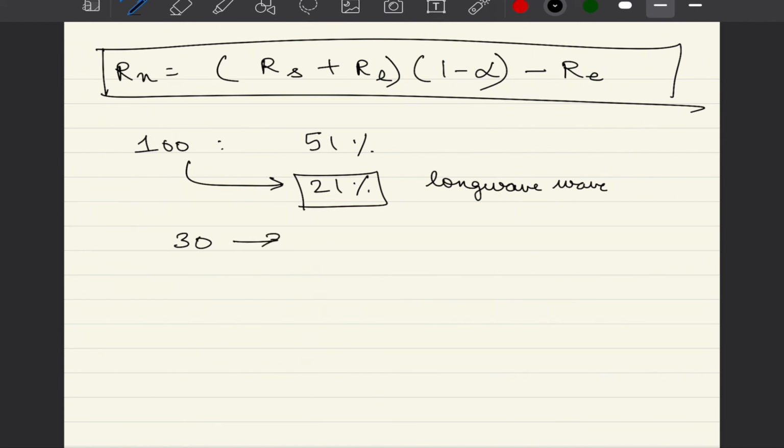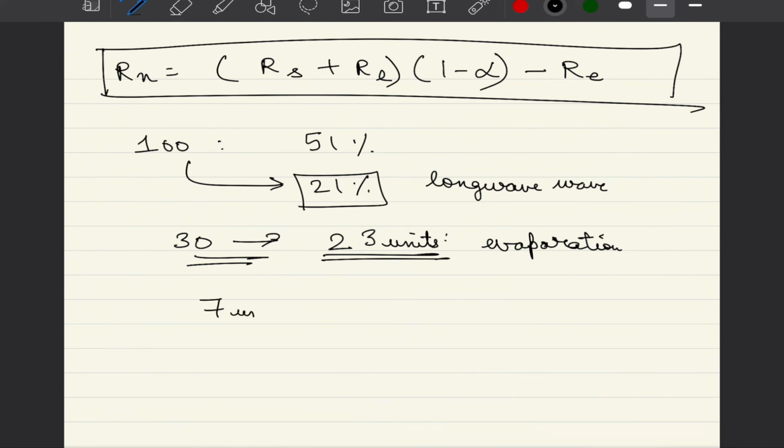Out of these 30 units, 23 units are used to power evaporation. We know that cloud formation is a result of evaporation and many other processes, but the key driver is the sun's radiation, and a large portion of what we receive is used to change the phase of water, and only 7 units are used to increase the temperature of Earth's surface, which we also call the sensible heat.